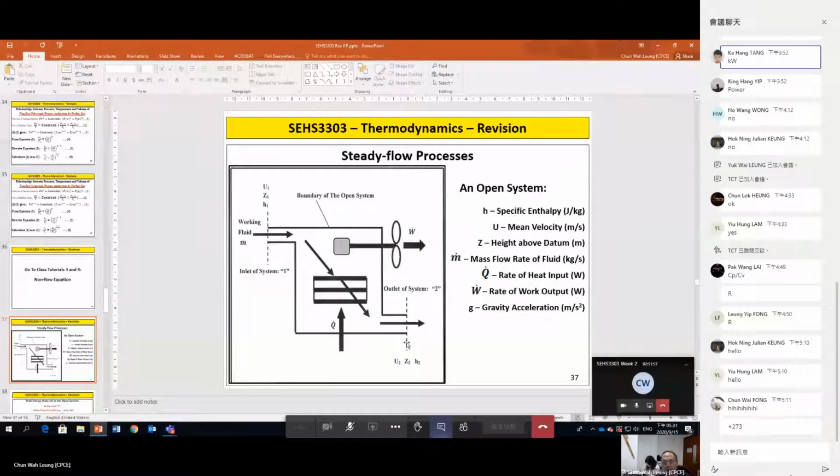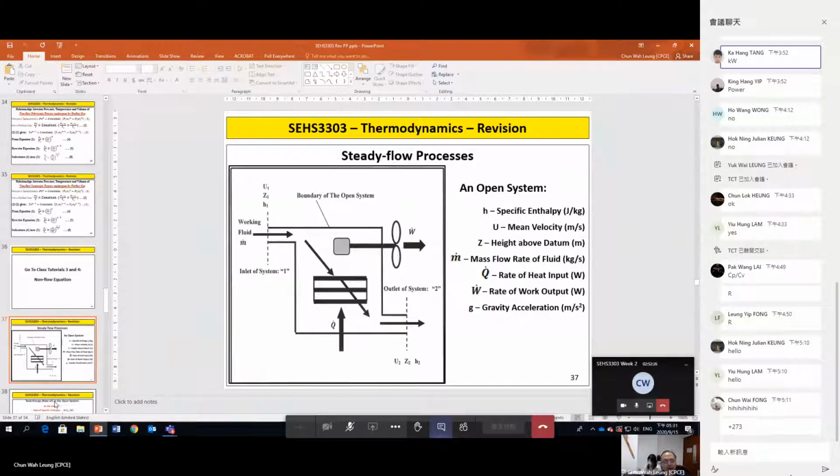We also have the potential energy associated with its vertical height, Z2, and the kinetic energy associated with the velocity, big U2. Three kinds of energy associated with the fluid mass in, and three kinds of energy associated with the fluid mass out.